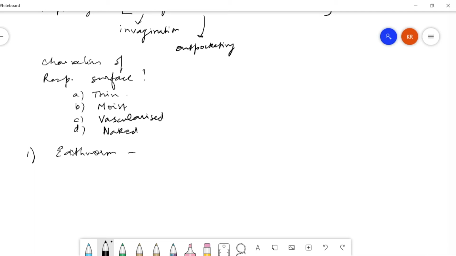An earthworm respires through its skin. This is also called cutaneous respiration.